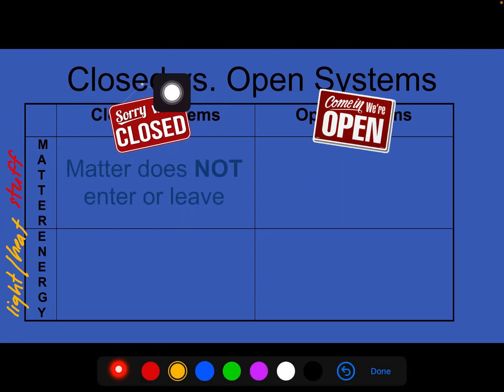So when that gas station is closed, or when we're talking about a closed system, we recognize that matter, or stuff, within that system is really trapped. It can't enter and leave. It's essentially a fixed amount. So go ahead, start filling in your chart there. You think about a closed system having a fixed amount of matter where stuff cannot enter and leave.